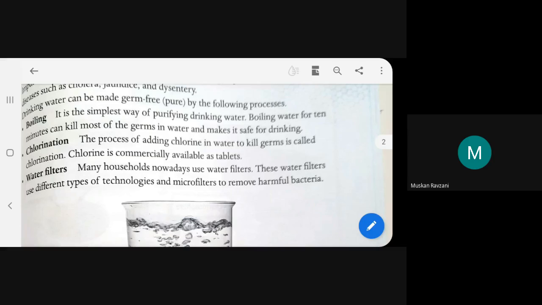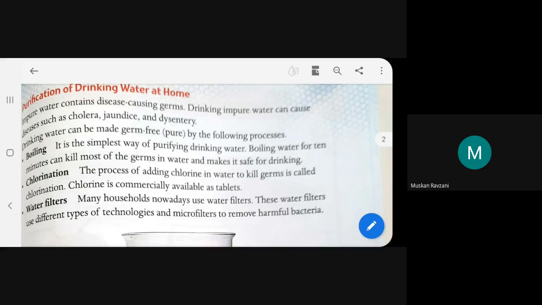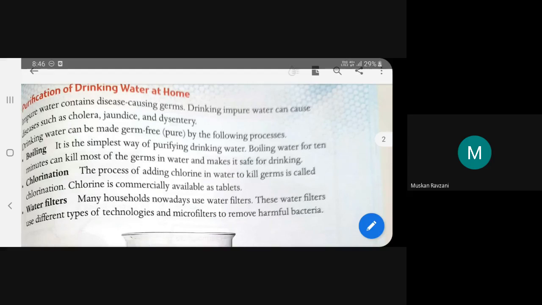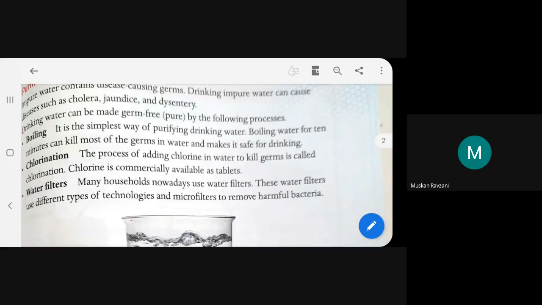So those are also helpful to purify water. These are the three methods we can use to purify water at home. Got it, beta? Boiling, chlorination, and water filter.